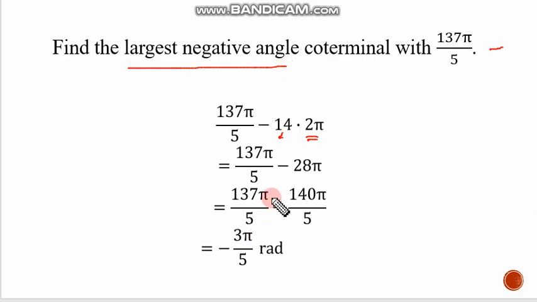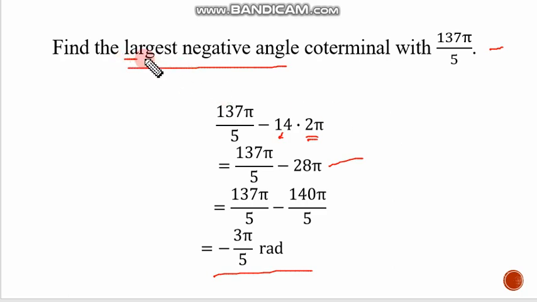So 137 pi over 5 minus 14 times 2 pi, which is 28 pi. So 137 pi over 5 minus 140 pi over 5 is negative 3 pi over 5 rad.